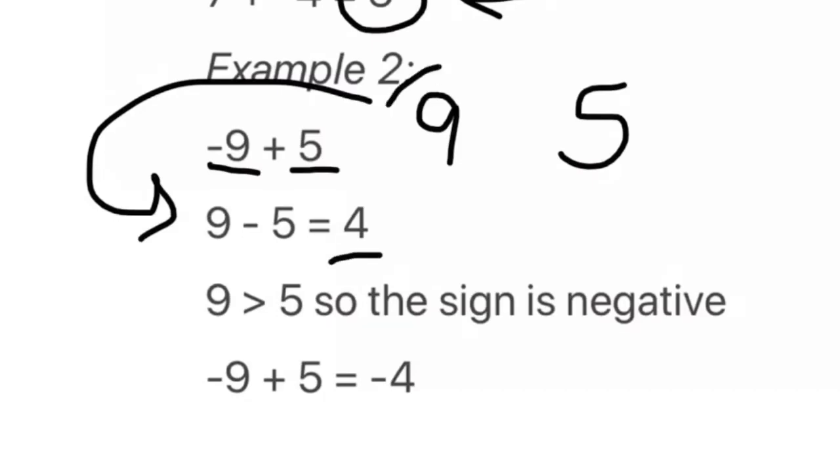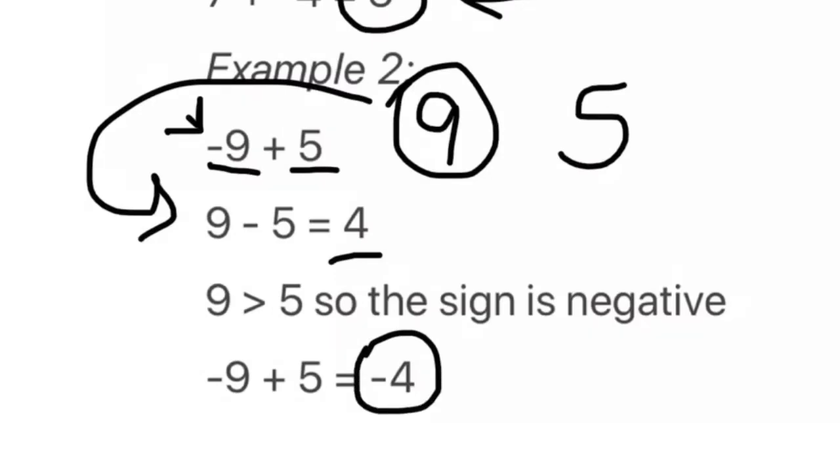On this problem, 9 has a larger absolute value than 5. In the original problem, 9 was negative. So the answer is negative 4 because 9 is greater than 5 and 9 was negative. So you have to put the negative sign on your answer as well.